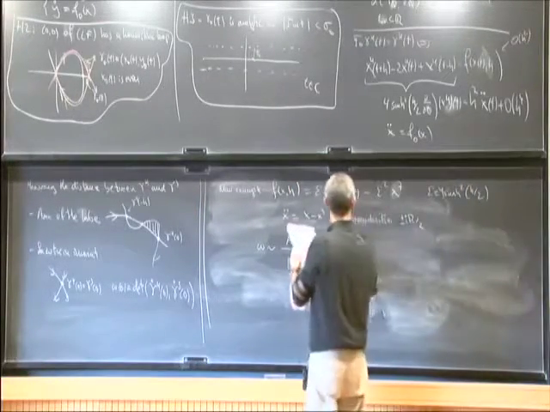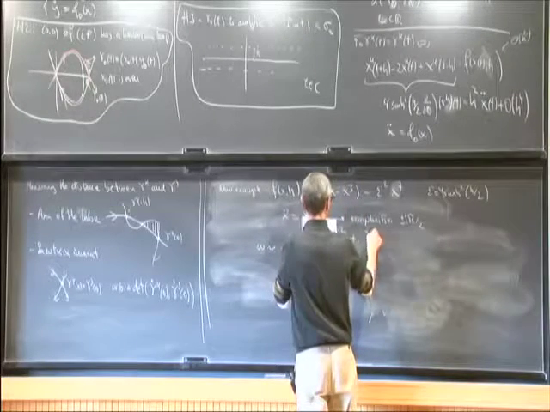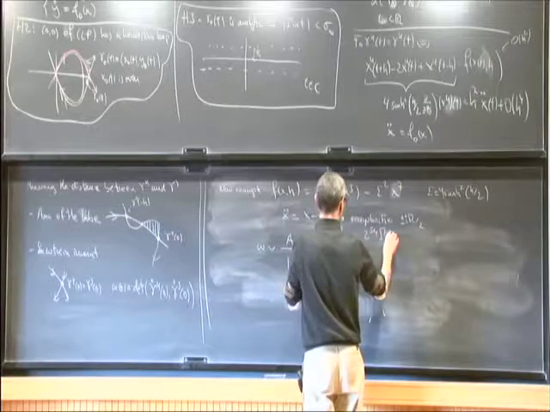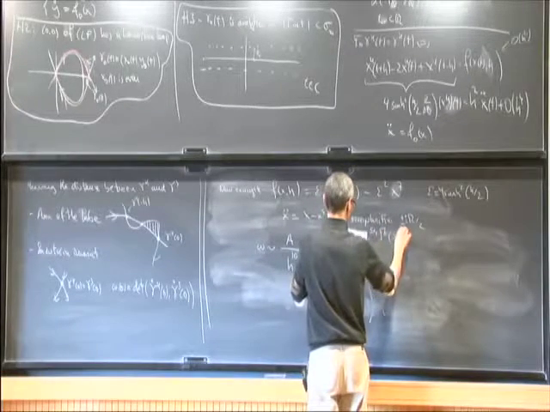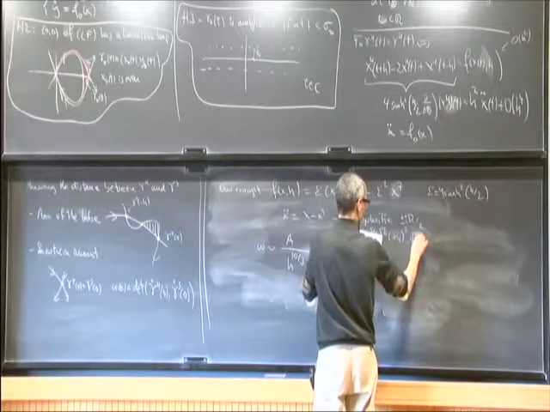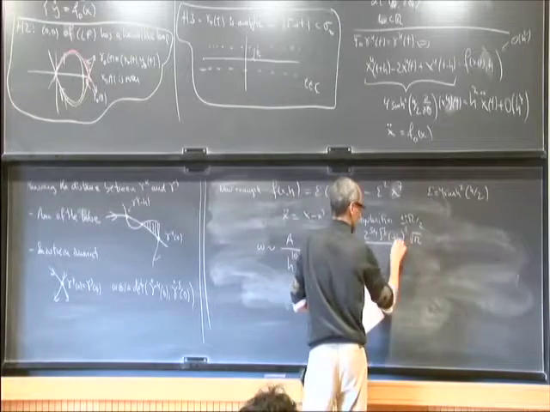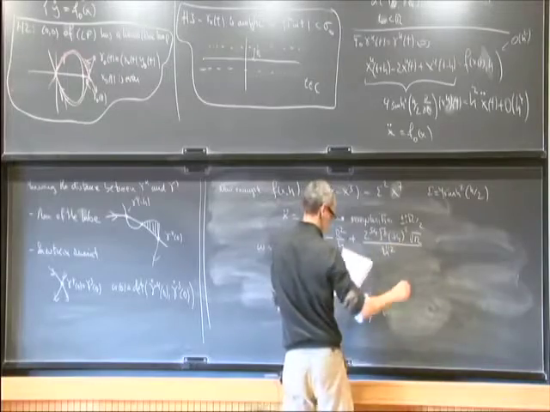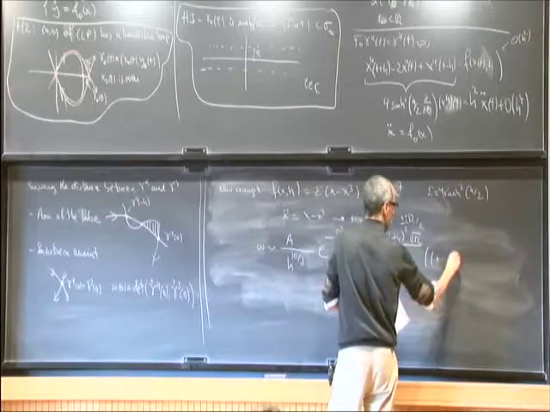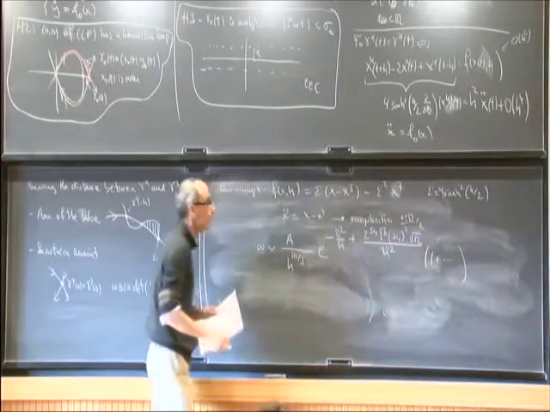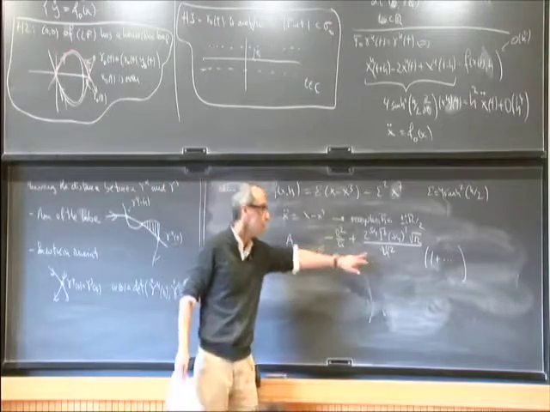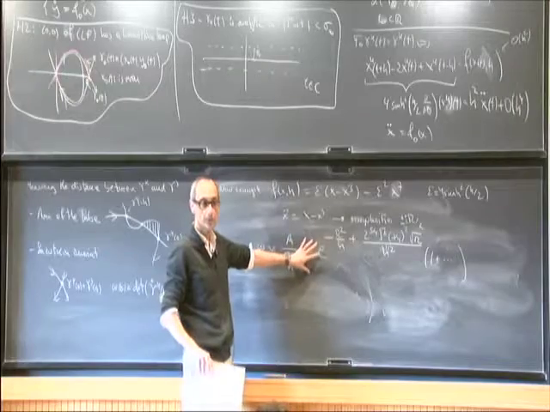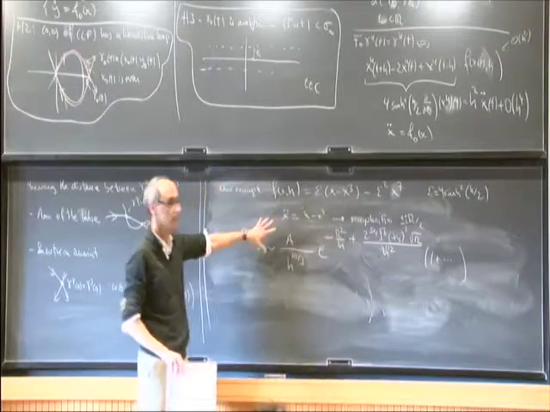But there is a large correction, which is this one. So there is an exponentially large correction to the size of the splitting in this case.